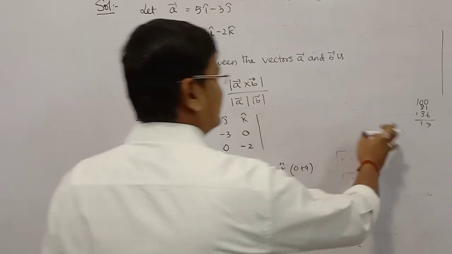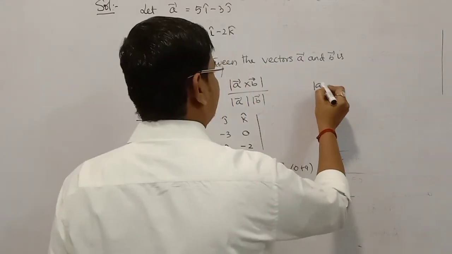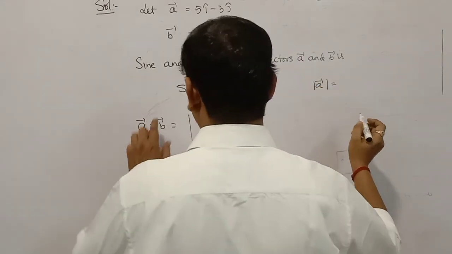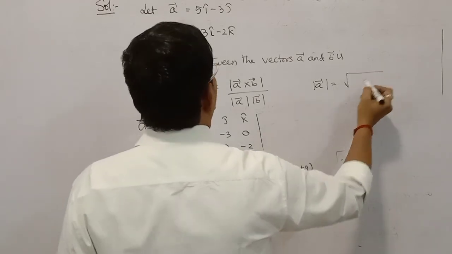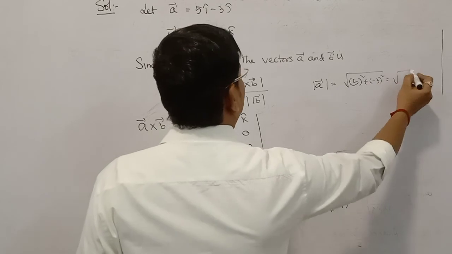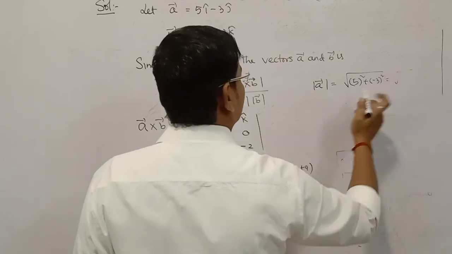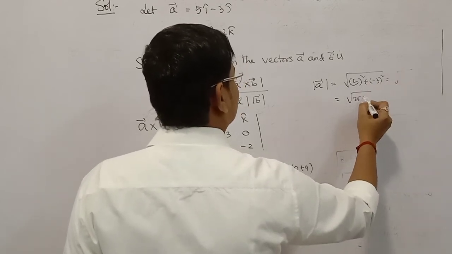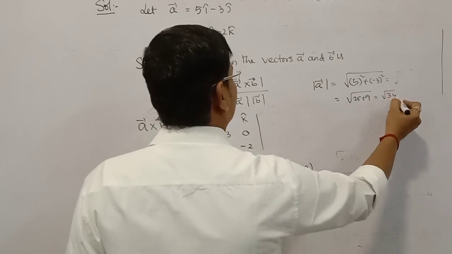Now find the magnitude of A bar. Magnitude of A bar is equal to root over 5 square plus minus 3 square, that is root over 25 plus 9, equal to root 34.